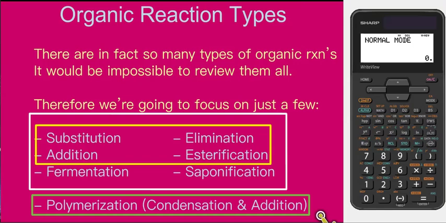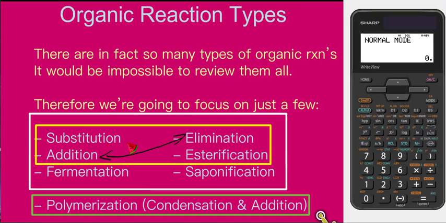Are we good? Yes, sir. That's what you need to know. First, we start, remember these two. These ones are opposite of one another. It's addition and elimination. Maybe elimination, you could have called it subtraction, because the opposite of to add is to subtract. But substitution, it's where you are swapping.